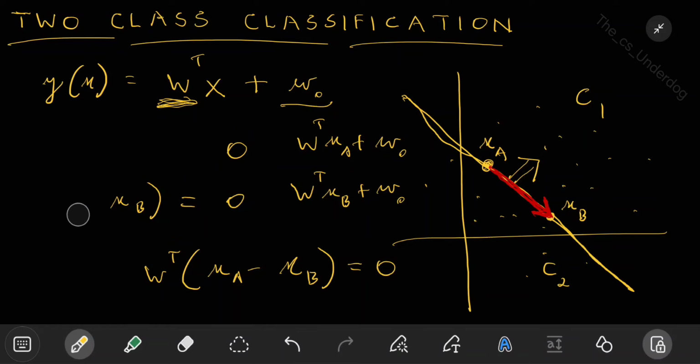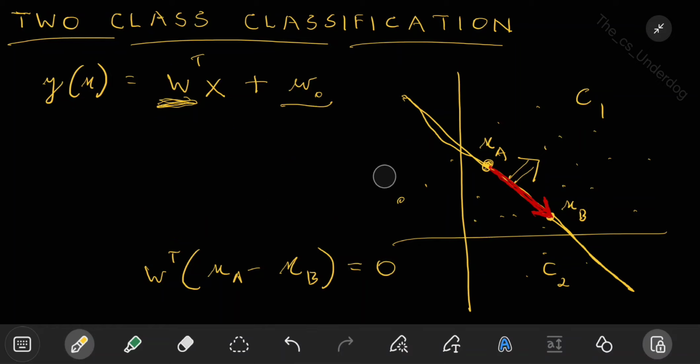What is w, right? First of all, when I write w transpose into xa minus xb, that means it is a dot product between w, the vector w, and the vector xa minus xb, right? So if it is a dot product, that is w dot xa minus xb is equal to 0. This is what it means.